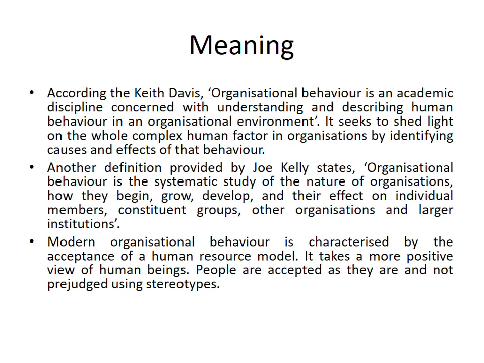Two other definitions. According to Keith Davis, organization behavior is an academic discipline. As we have discussed in the previous chapter, it is a separate field of study and discipline concerned with understanding and describing human behavior in organization environment.